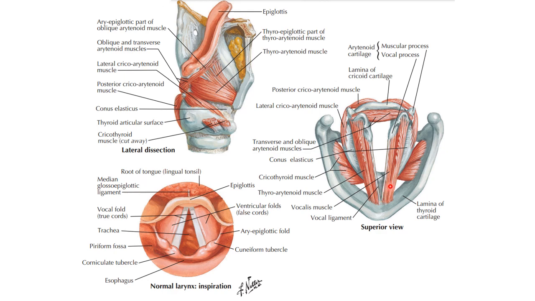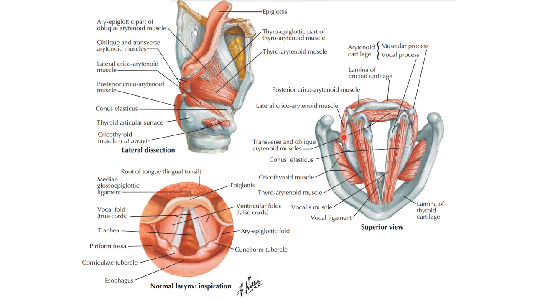Next, you have the vocalis muscle, which is found lateral to the vocal ligament. And when this muscle contracts, it will cause a shortening of the vocal ligament, decreasing its tension.